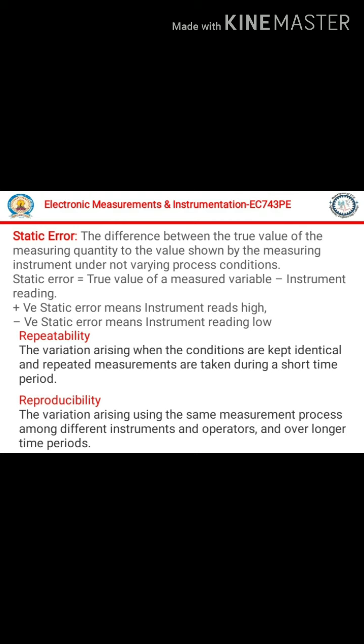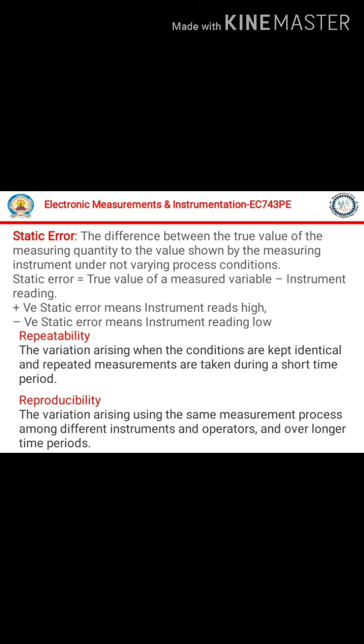Whereas reproducible means you can use the instrument at different conditions, at different parameters, over a long time. If you can use an instrument today, after one month, and after three months, and you are able to get the same values and the same performance, it's reproducible.